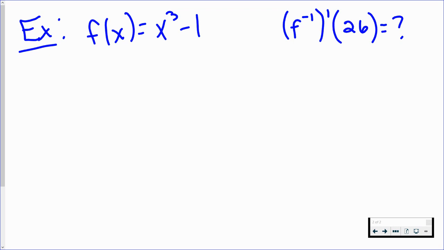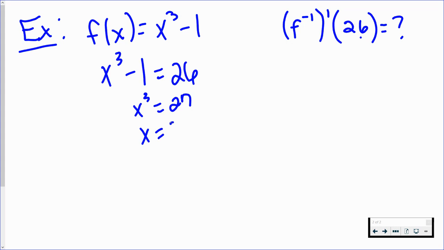So 26 is an x coordinate in the inverse. So we need to see where f of x would be equal to 26. So where does it have that as a y coordinate? So the first thing we always want to do is take the original function and set it equal to that value. It's an x for the inverse, but it's a y for the original. So if we add 1, x cubed is 27, so x has to be 3.